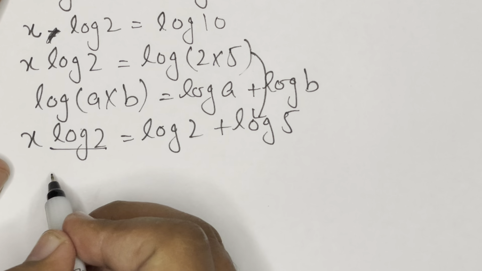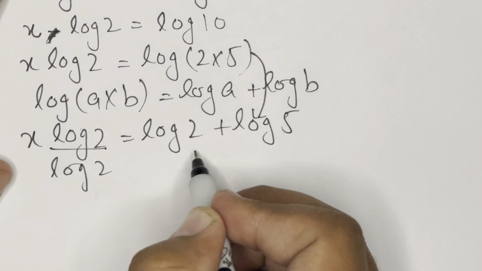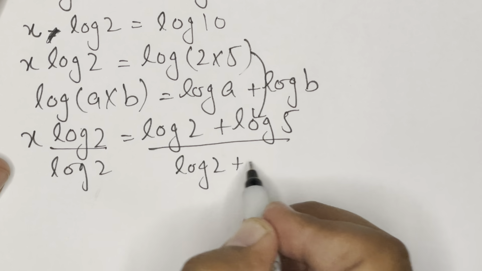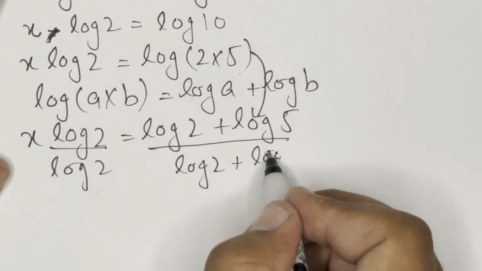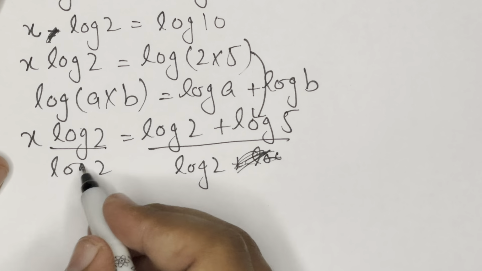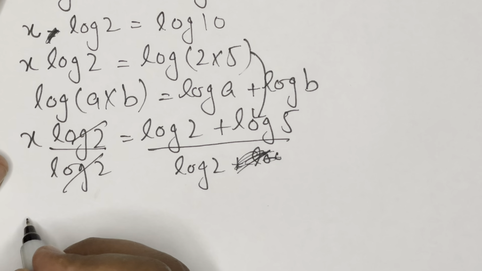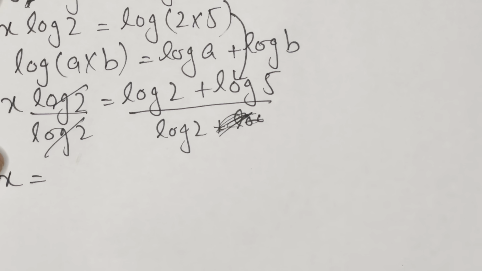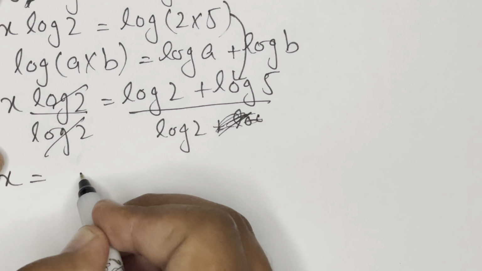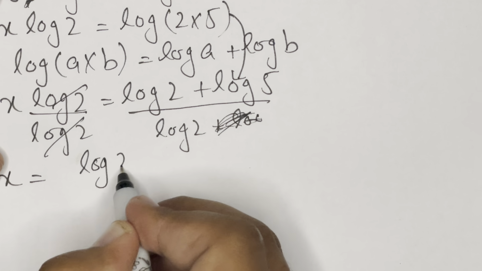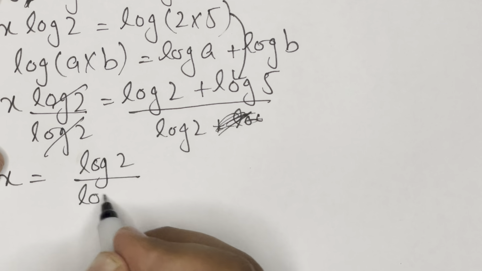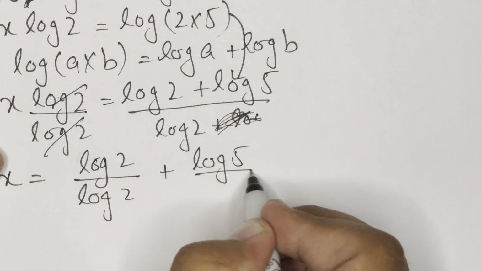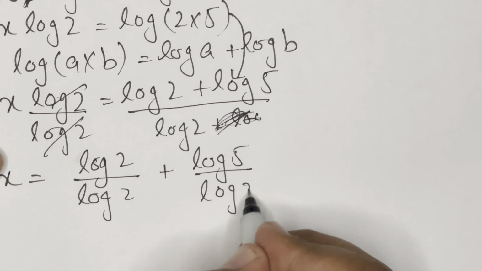Now I am dividing by log 2 on both sides. Here it can cut and the value of x will be like that: x equal to log 2 over log 2 plus log 5 over log 2.